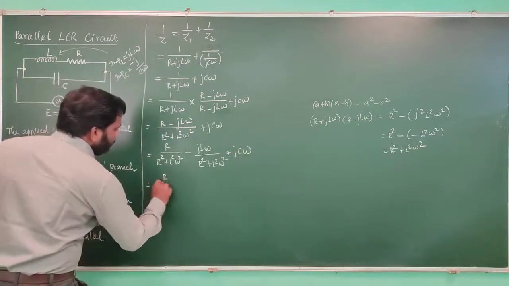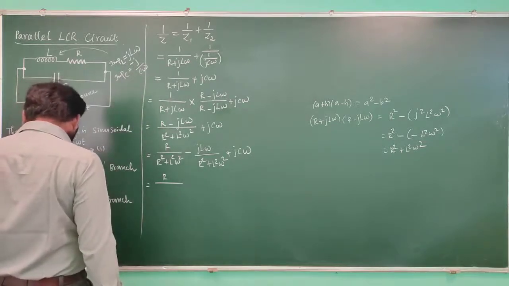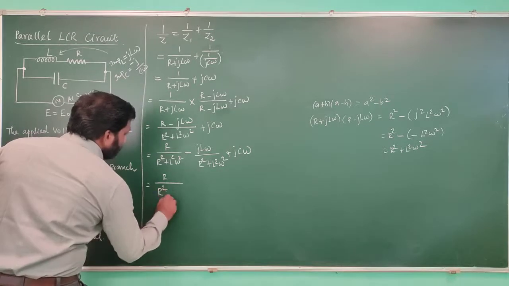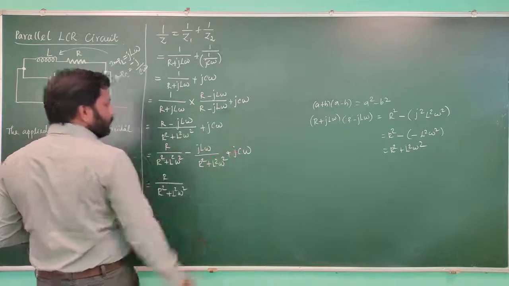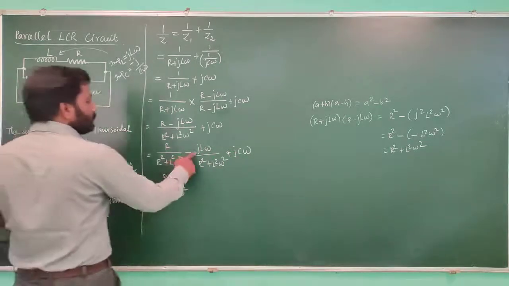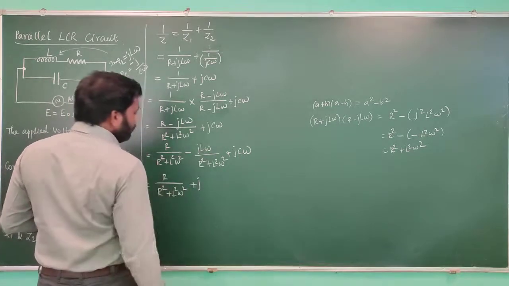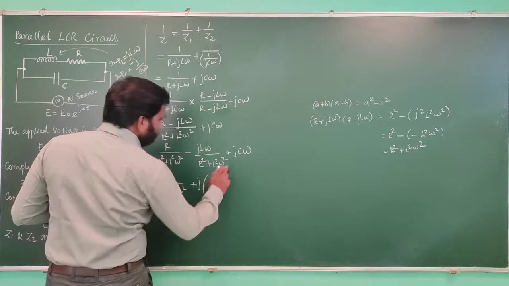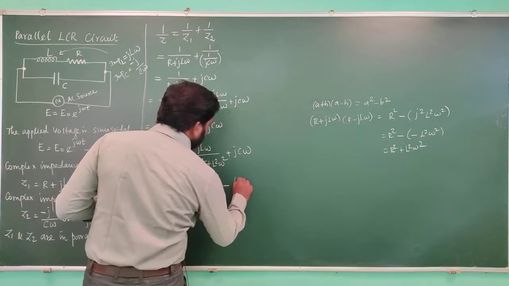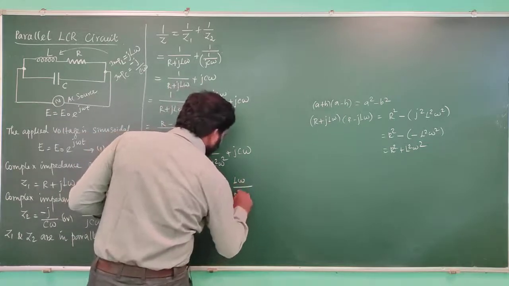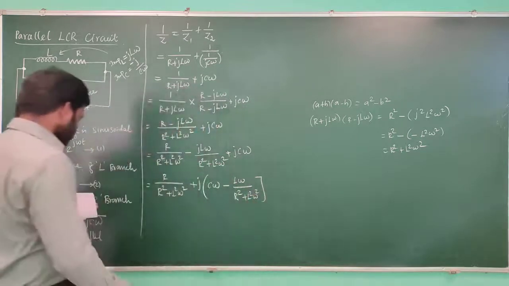Now we can rewrite this as R by R square plus L square omega square. Here j is common in both these terms, so we can take j out as common. What is remaining? Plus j times C omega minus L omega by R square plus L square omega square.